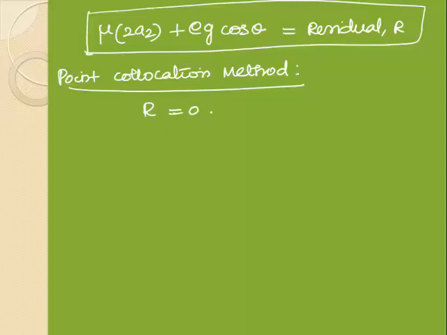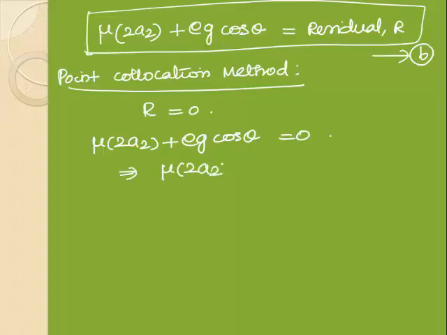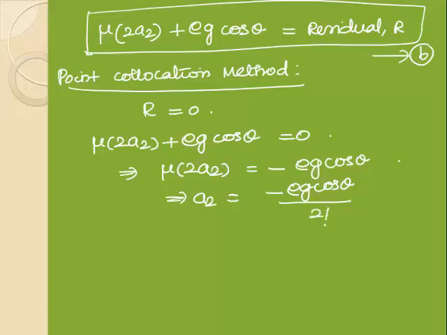So the residual value we have found, keep in equation 6. So mu into 2a2 plus rho g cos theta is equal to 0. So mu into 2a2 is equal to minus rho g cos theta. That gives a2 is equal to minus rho g cos theta divided by 2 mu.